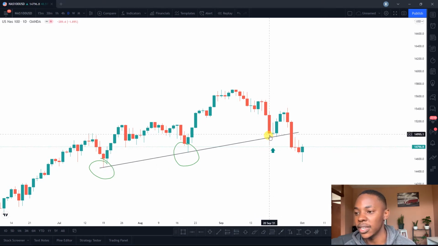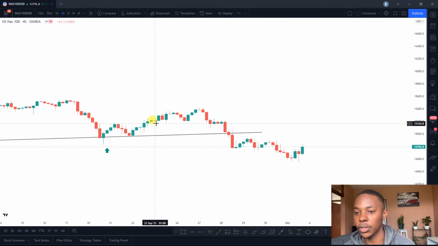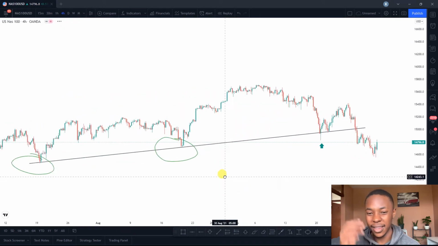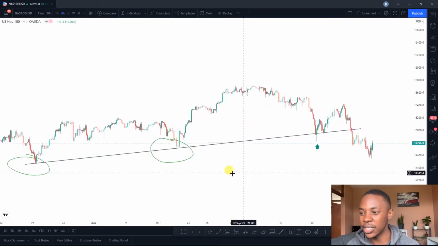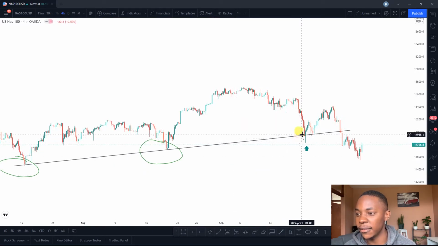As you can see here on the daily, it created a nice doji, at least a reversal to the upside. But obviously, as a day trader, you're gonna have to switch to a lower time frame to see what's really happening in the market. So as you can see, false breakout to the downside, but the market, Nas actually closed.